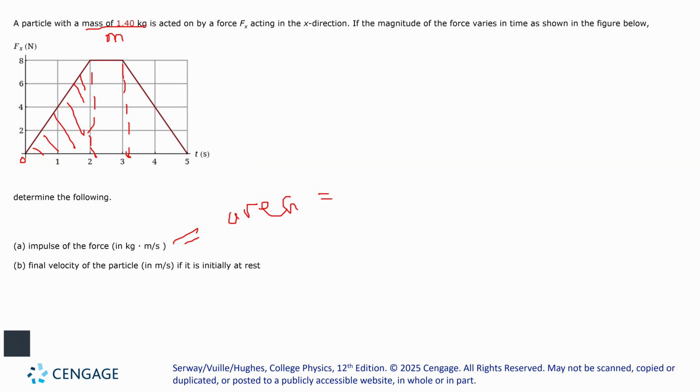So we're going to do 1/2 times 2 times 8, plus the base is 1 second and the height is 8 newtons.